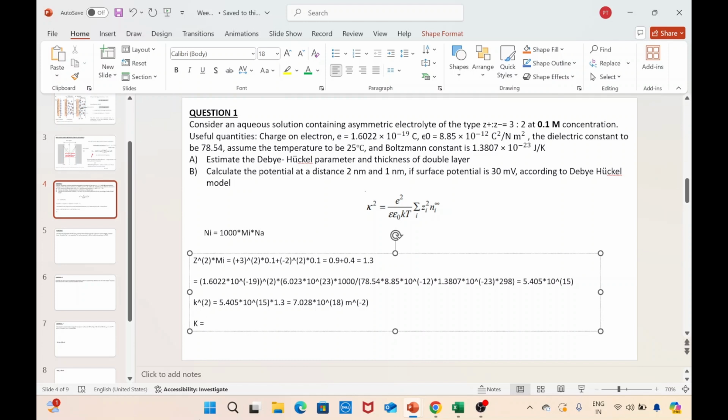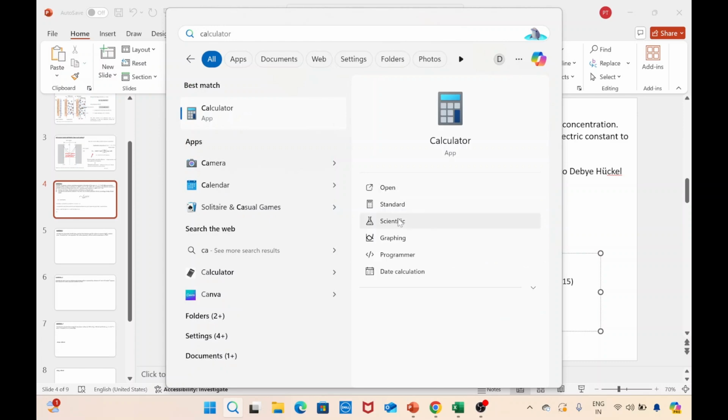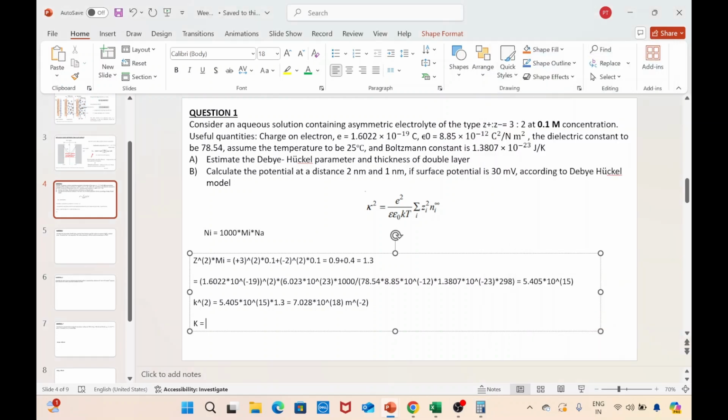Just a second. 7.028 times 10 to the power 18, root of it, comes around 2.65 times 10 to the power 9 meter inverse.